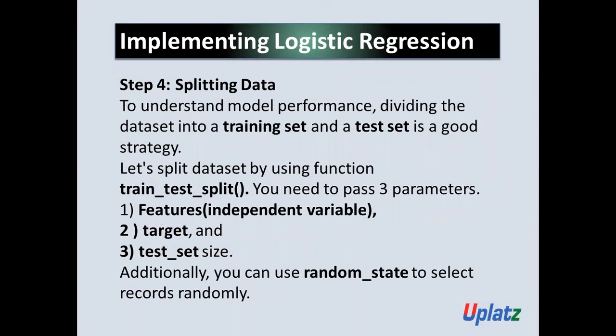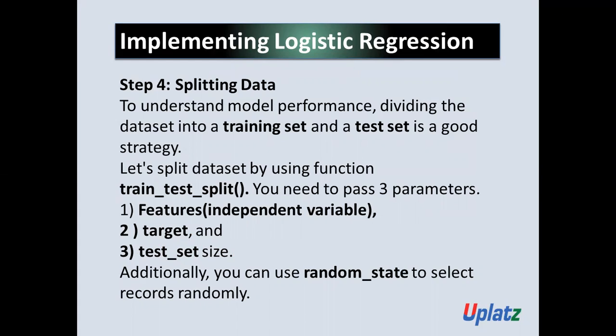Fourth step is to split the data. To understand the model performance, dividing the dataset into the training set and a test set is a good strategy. So let's split the dataset by using the function train_test_split. Here you need to pass at least three parameters into this function.